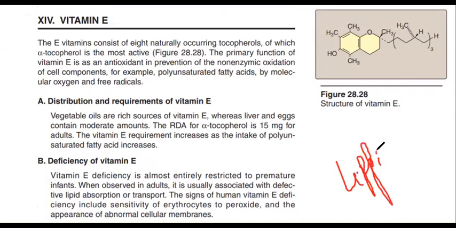If I show you what they have written in the functions, you see the primary function of vitamin E is as an antioxidant, the most important, in the prevention of non-enzymic oxidation of cell components, for example, polyunsaturated fatty acids.